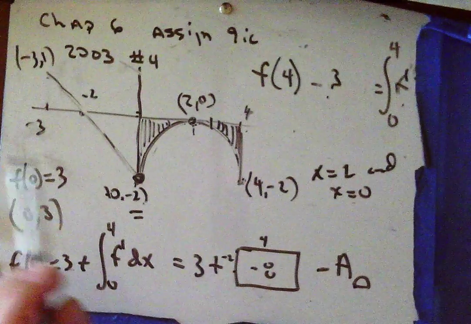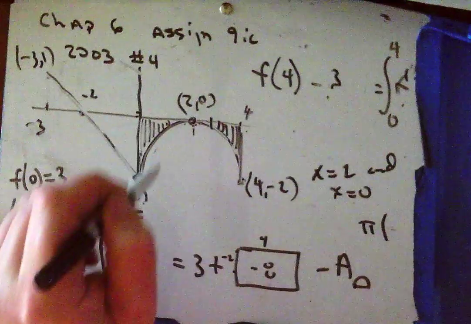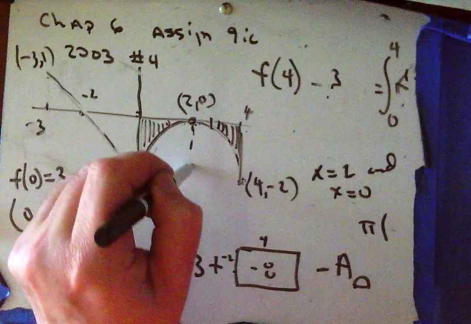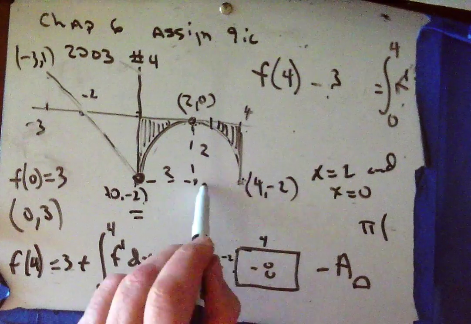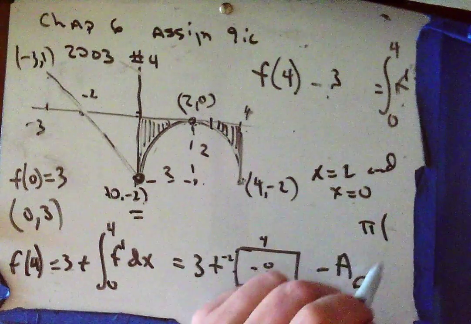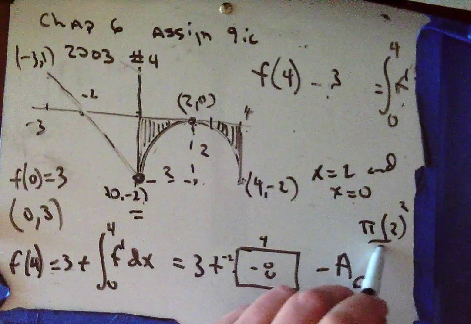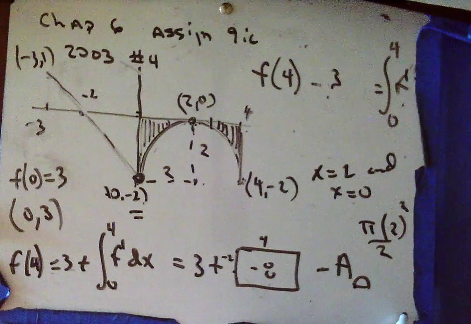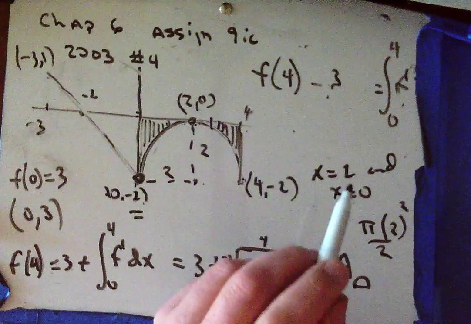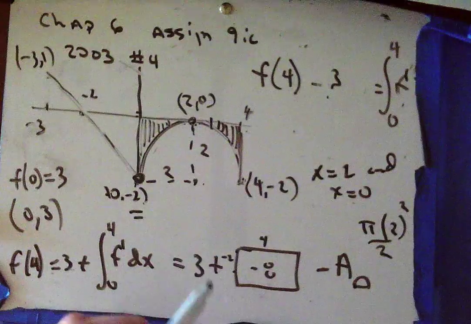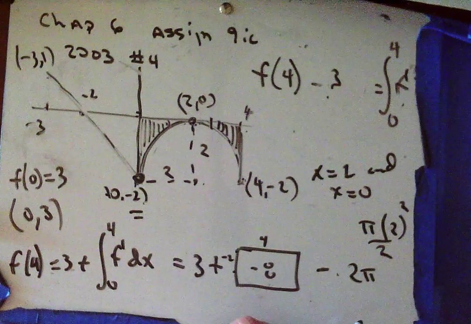Well, I think about pi r squared. So the radius is 2. I'm going 2 in all directions. So 2 squared, that's the whole circle. We only want half. 4 pi divided by 2 is 2 pi. Okay, so I'm looking at 2 pi.